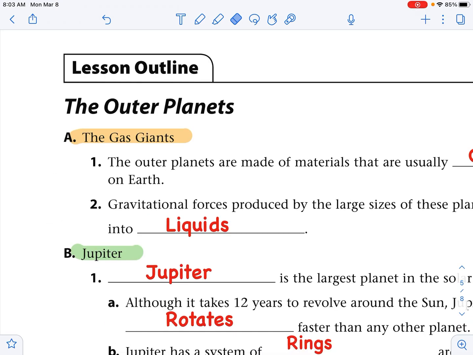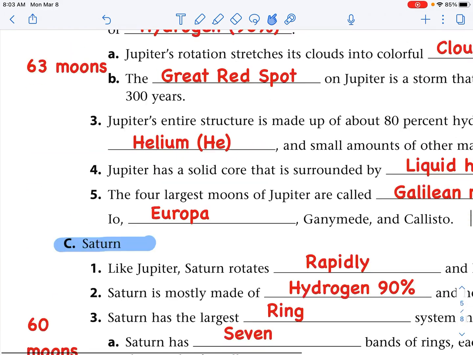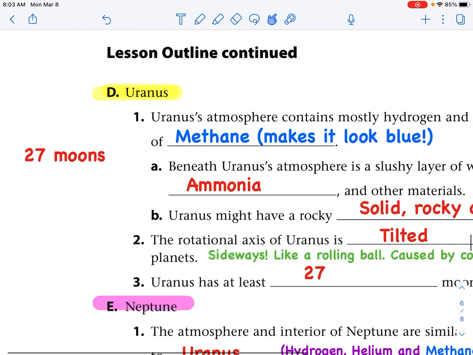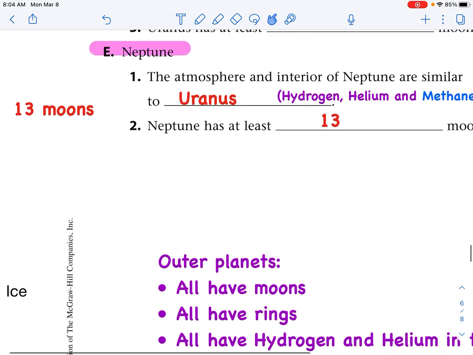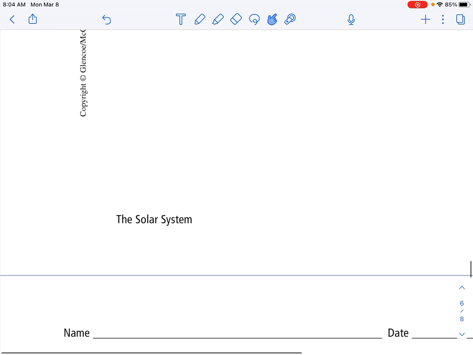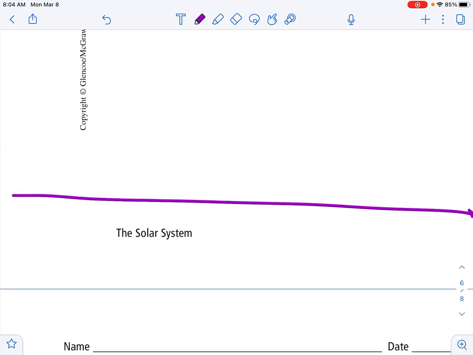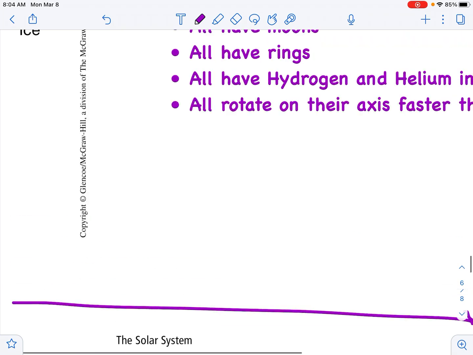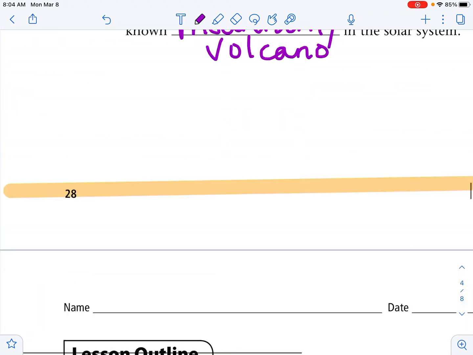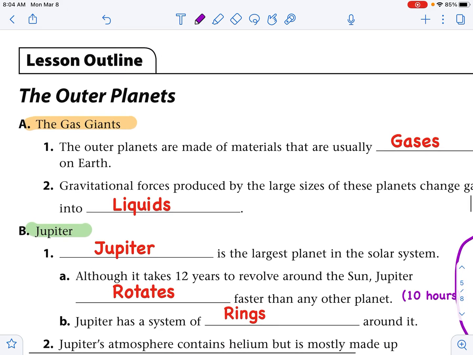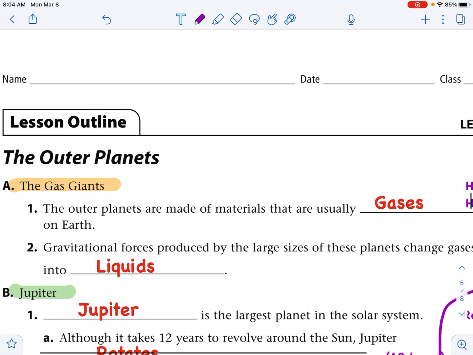All right, so let's get them marked. Orange, green, blue, yellow, and pink. And then we are at lesson 4, so we can mark this. We are done at this point, okay? All right, so let's go ahead and fill out for gas giants.